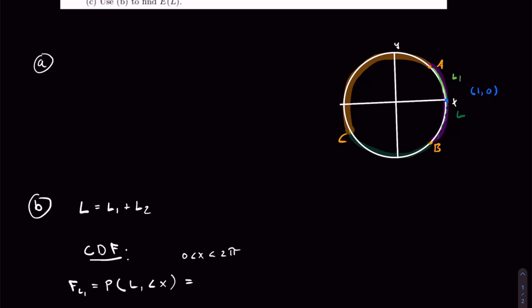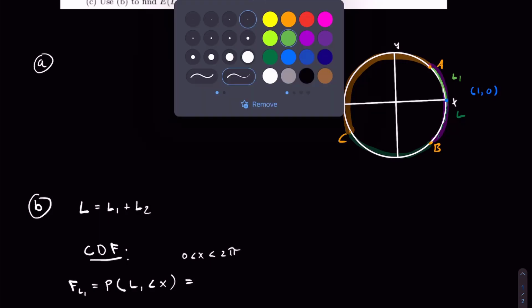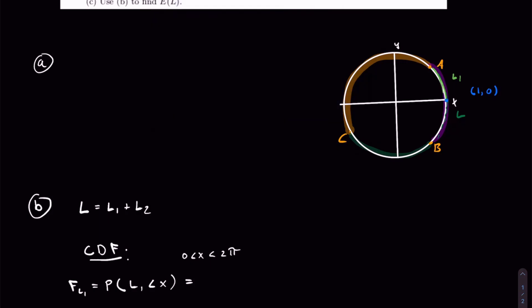If A is the smallest point, then A defines the boundary for L1. If B is the smallest point, say it falls just here, then L1 will be this remainder here.